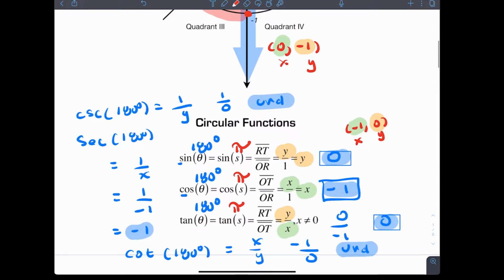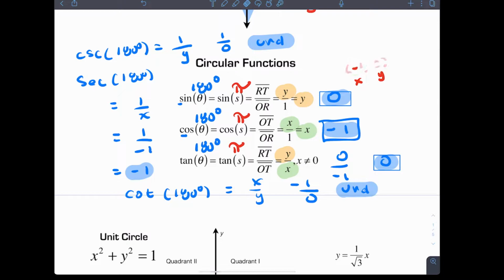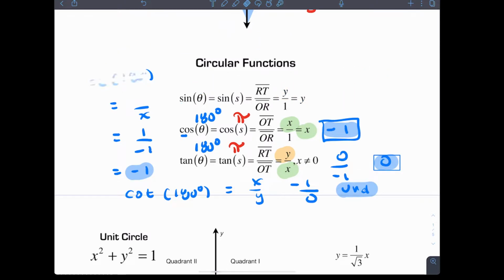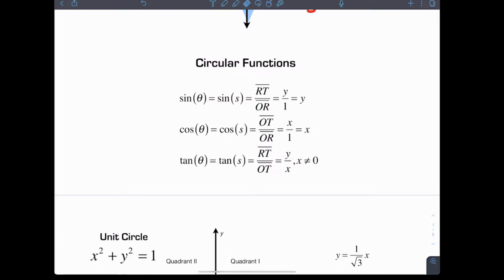Zero, -1. So now the angle would be 270 degrees.